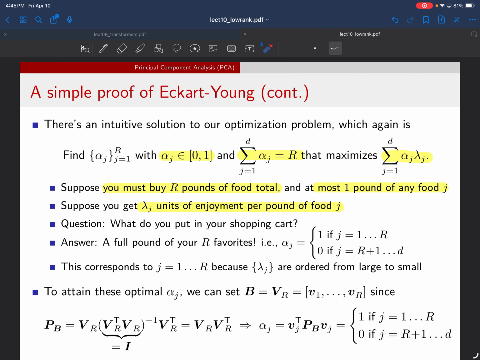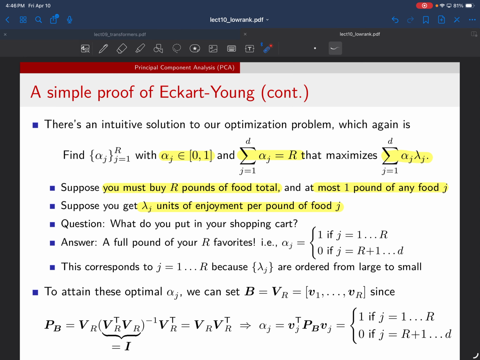So given that, what do you think you do? You go to the store, you have to buy R pounds of food. They have 1 pound of all these different foods. Some you like, some you don't like. How are you going to spend your money? Start with the one you like the most, get that, and then... Yeah, exactly. So you're going to pick 1 pound of each of your favorite foods until you have R of them, right? That's exactly the solution.